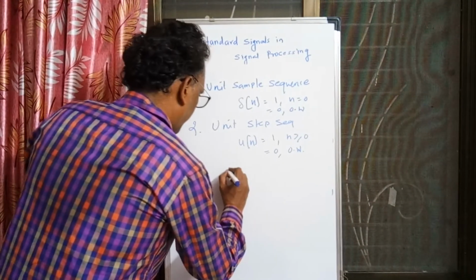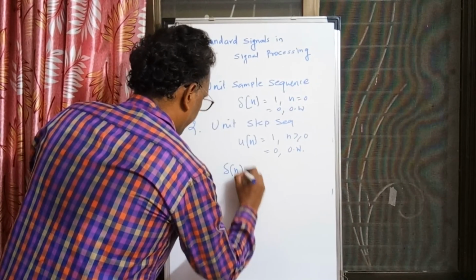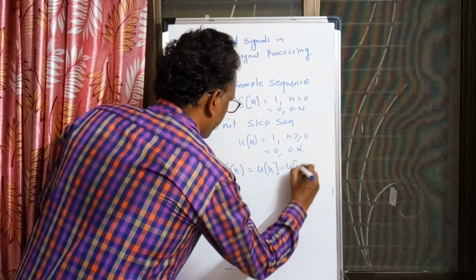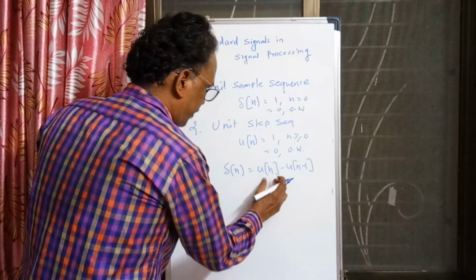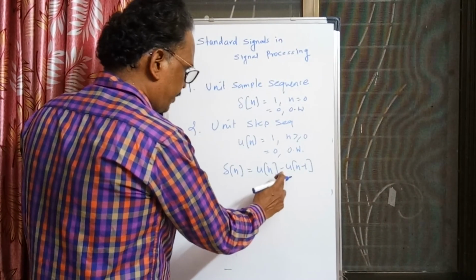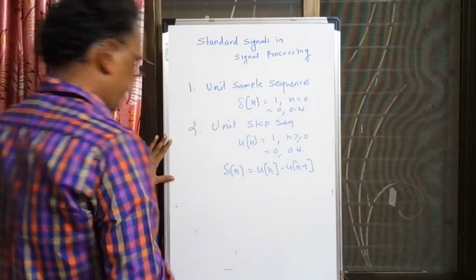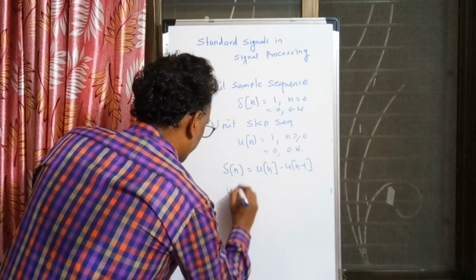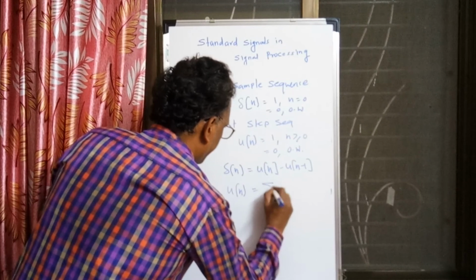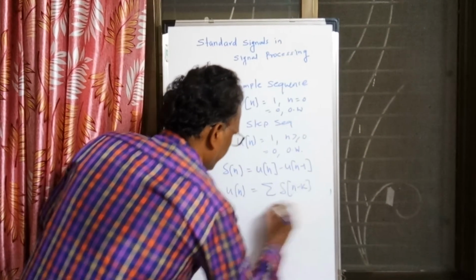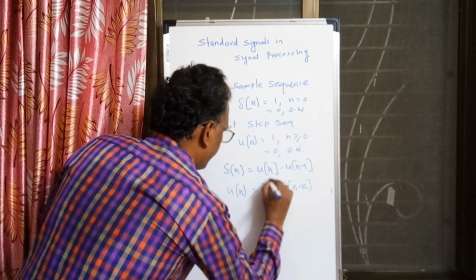We have also shown that the delta function can be written as the unit step sequence minus the unit step sequence shifted by 1 towards right. We have also seen that u(n) can be written in terms of the delta function, as the sum of delta(n minus k) for k equal to 0 to infinity.